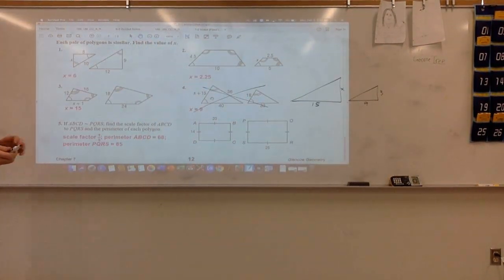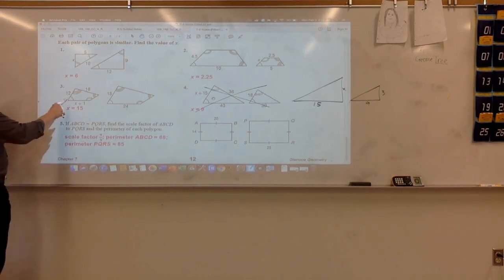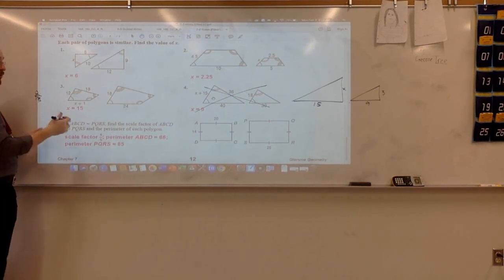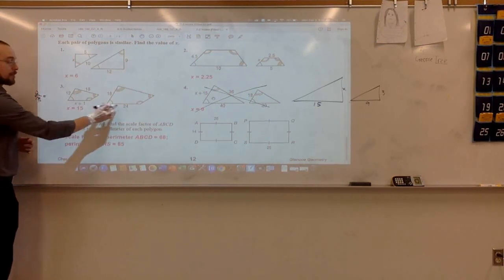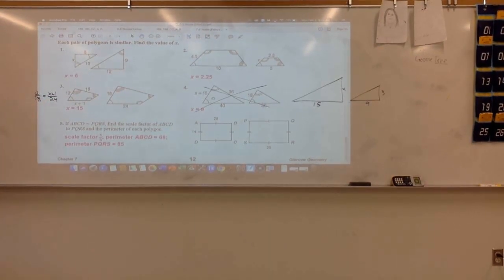Alright, let me talk about a couple of these real quick here. On number 3, when we set up our proportion, I can say 12 over 18 is a pair of sides that I know, and both of them equal x plus 1 over 24. So when I cross multiply here, I need to make sure that I'm multiplying the 18 by the x plus 1. So what I'm really doing is 18 times x plus 1 equals 12 times 24.